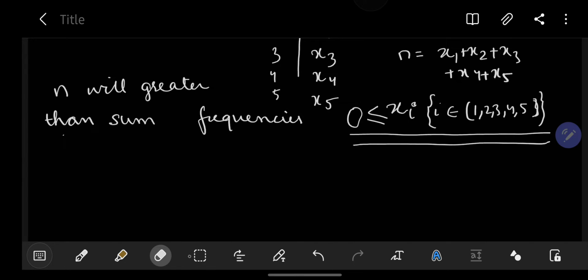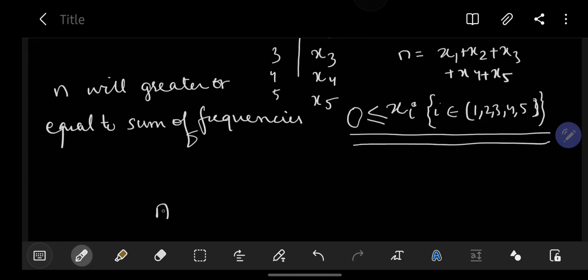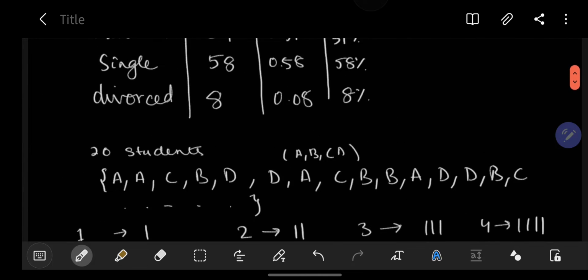So from this, n is the denominator in relative frequency, and in our numerator we either get the sum of frequencies or an individual frequency. It can be x1 or x2, like we found in these parts.